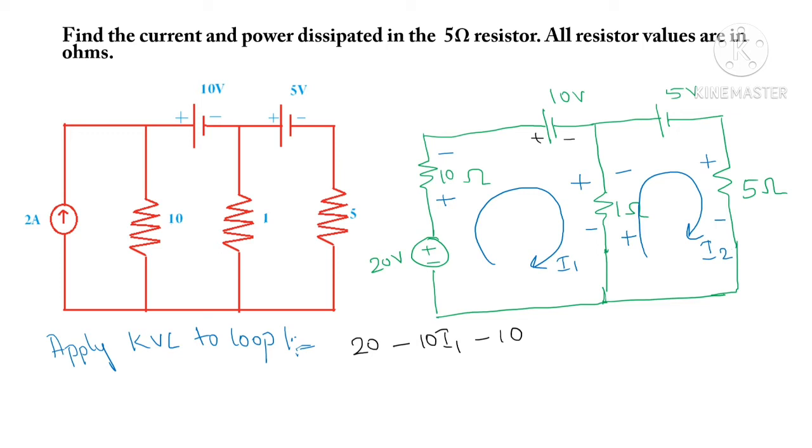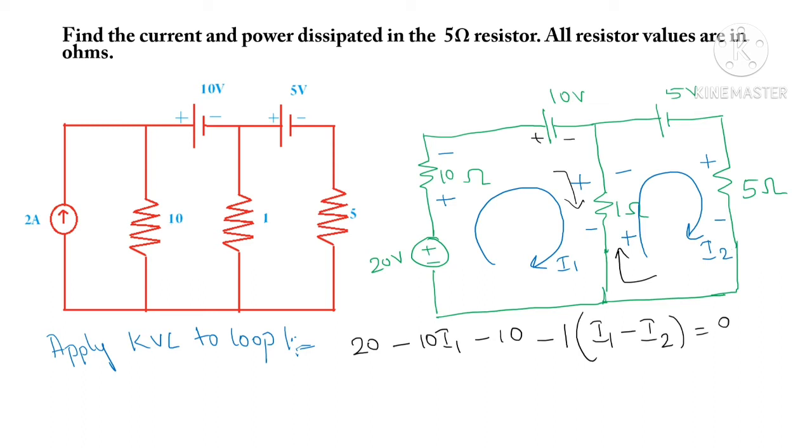So considering our first loop, it is minus 1 ohm into the current I1, and it is clear that I1 and I2 are flowing in the opposite direction. See, I1 like this, I2 in this way. So it is I1 minus I2 equal to 0. So this is our first equation.